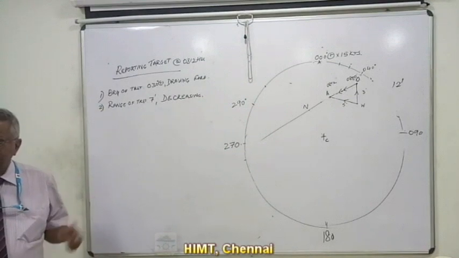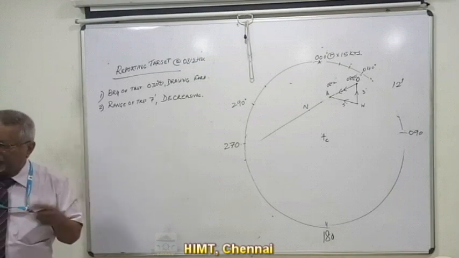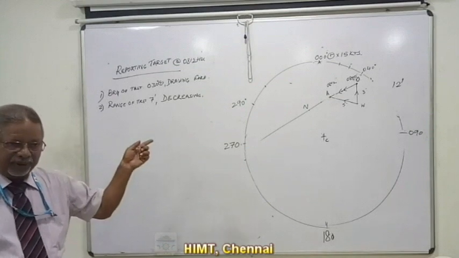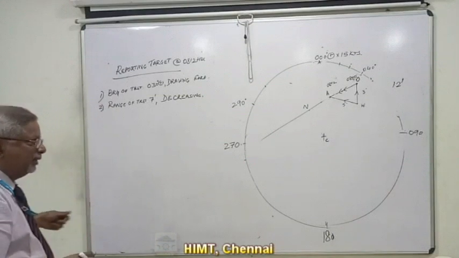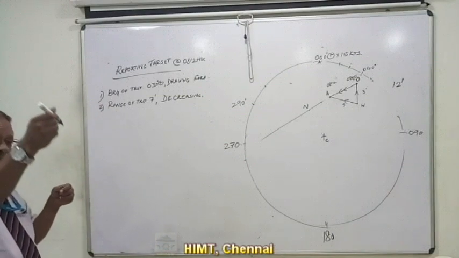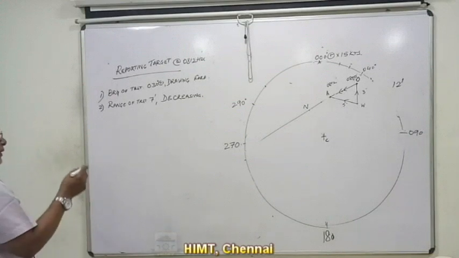Okay. First is bearing and whether it is drawing forward, drawing aft. Here it is drawing forward. Range, whether it is increasing, decreasing: decreasing. So obviously the target is coming towards you. That's what this indicates.